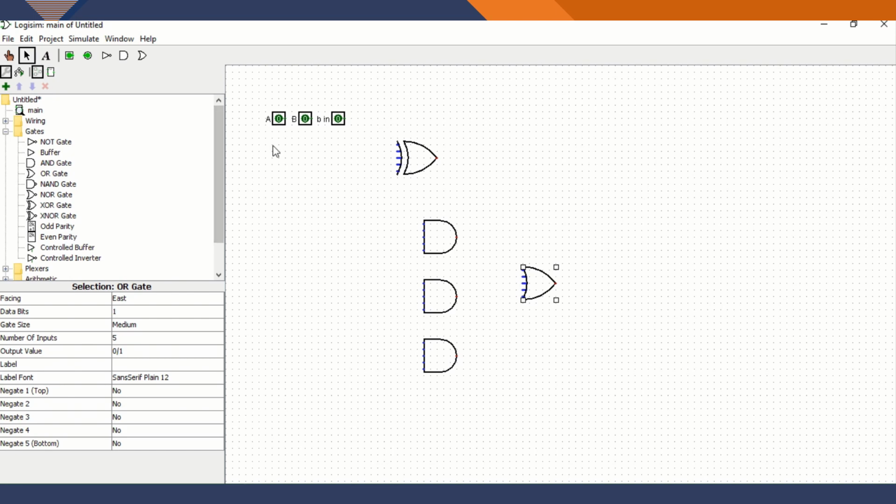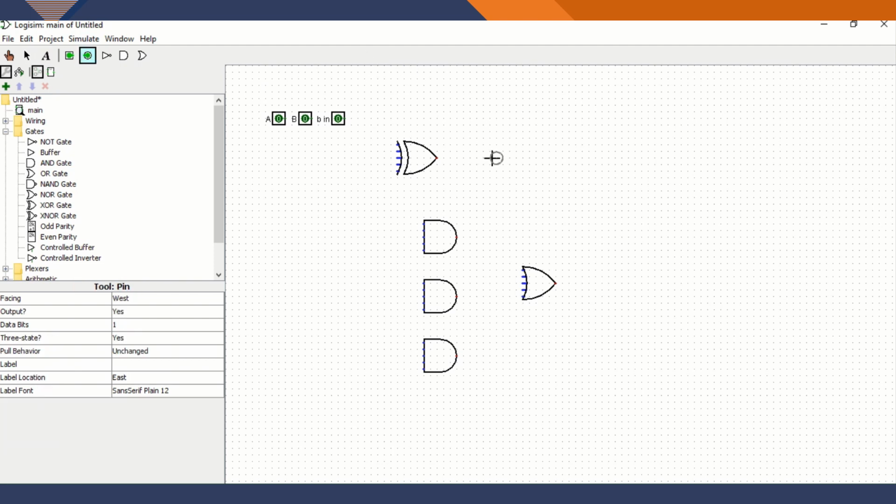Here I put 3 inputs and I get 2 outputs. The outputs are difference and borrow.